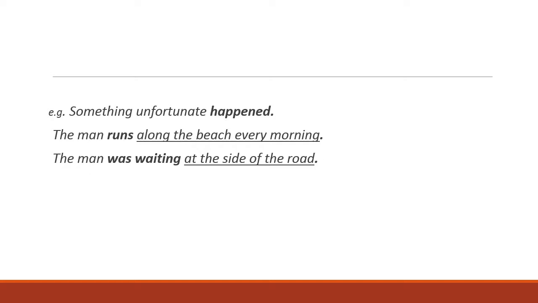In a sense, these verbs do not require an object. For example, the sentence 'The man runs' does convey enough meaning, like the sentence 'The man runs along the beach every morning.' So these verbs like happen, run, wait do not require an object to complete the meaning.